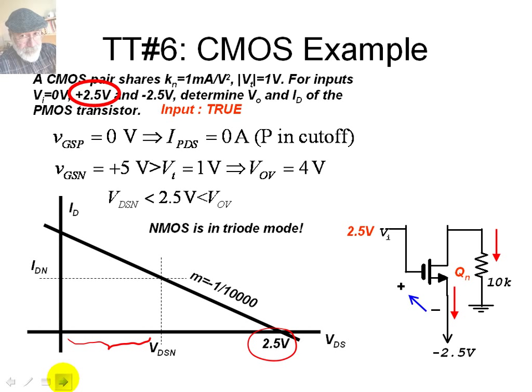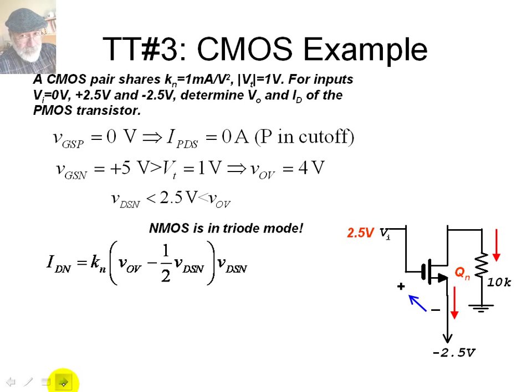And that means that that NMOS is in triode mode. That is correct. We could compute that current as 2.5 minus VDSN, that I don't know what value it is, divided by the resistor, 10,000 ohms. But knowing that it's in triode mode allows us also to use this triode mode formula to compute the current in there.